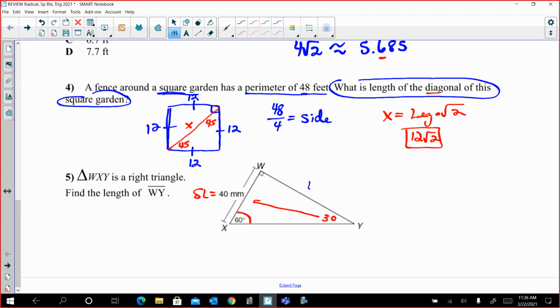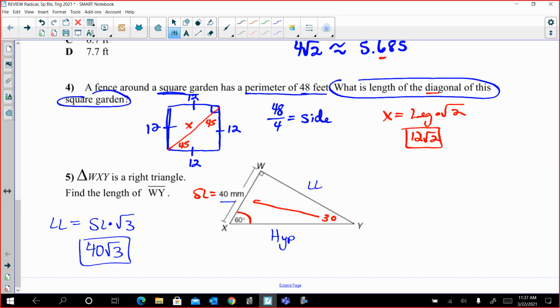Opposite the 60 is the long leg, and opposite the right angle is always the hypotenuse. In the 30, 60, 90 triangle, the long leg equals the short leg times root 3. Since I already know my short leg, the answer would be 40 root 3.